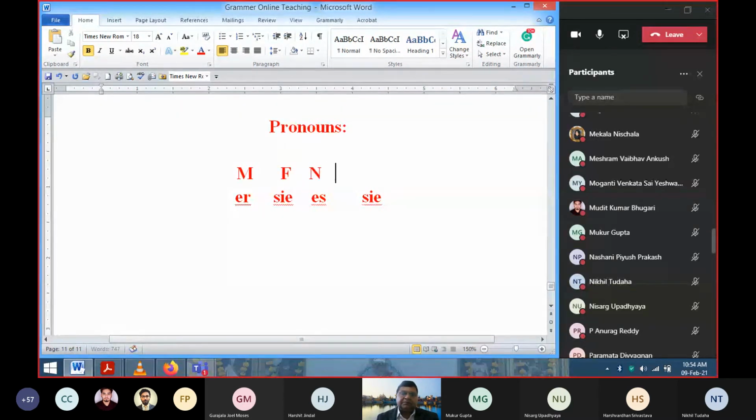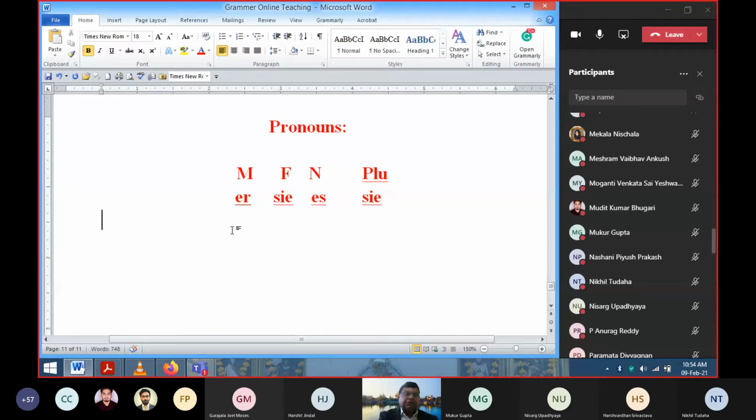There is third person singular I am writing. You are aware of this: er, sie, es, means he, she, it, and the plural form is sie. Now these are the subject pronouns. Just like articles, you can also replace the nouns by pronouns.